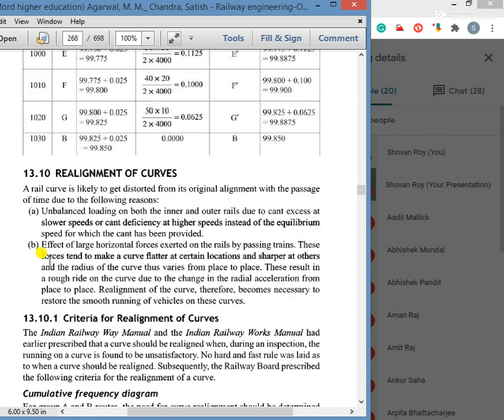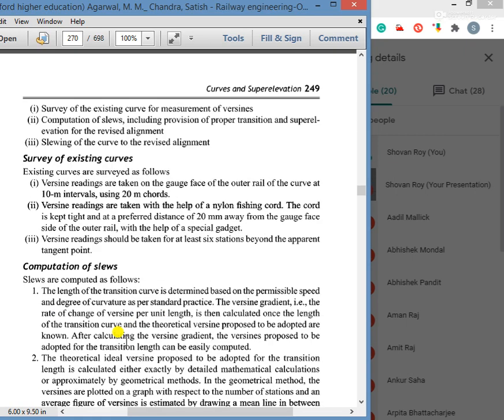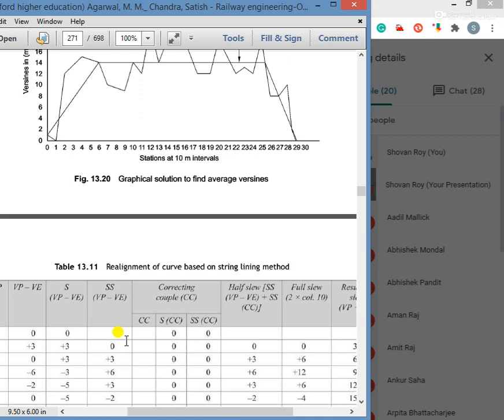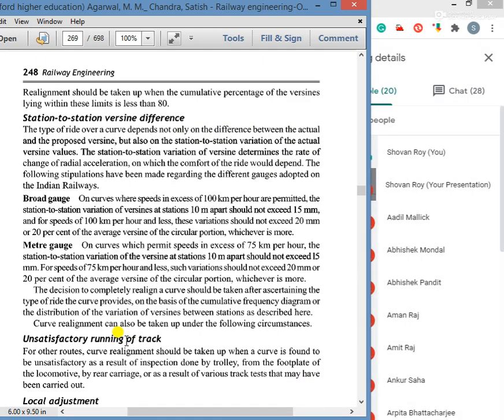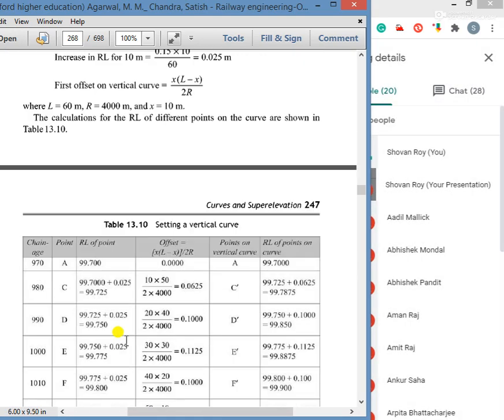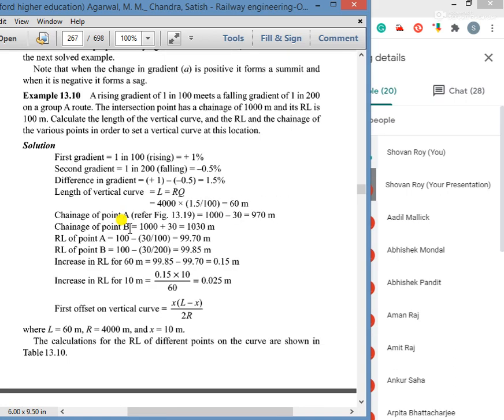You can also follow the book. In the book, this problem is properly mentioned. You can take help from the book. Overall the book is good for this stage. There is one good book, the Saxena book, but no soft copy is available for it. For the time being you can follow this book.